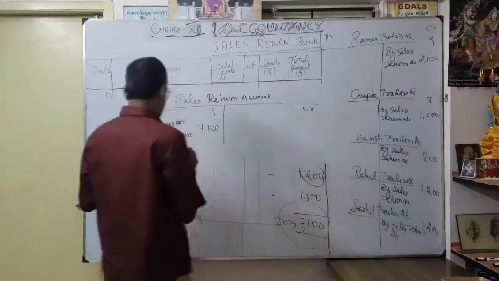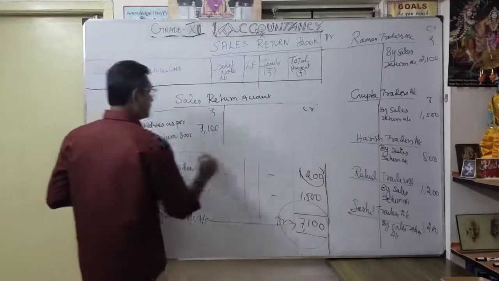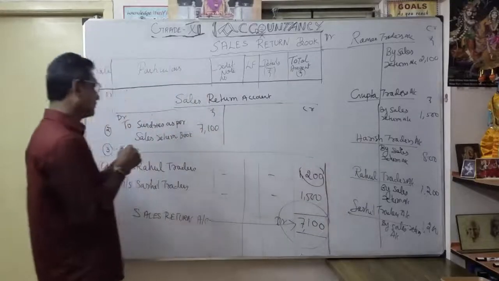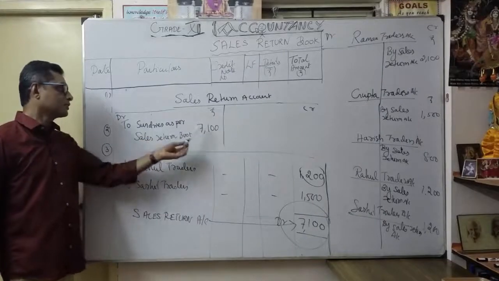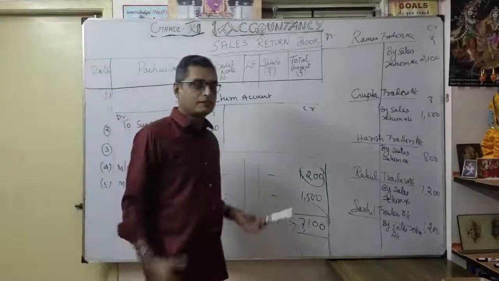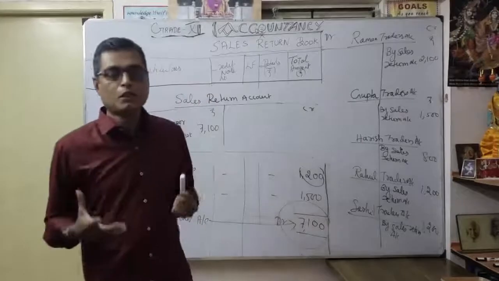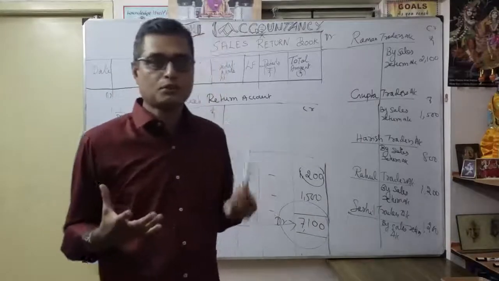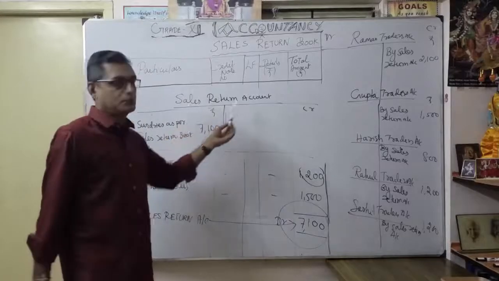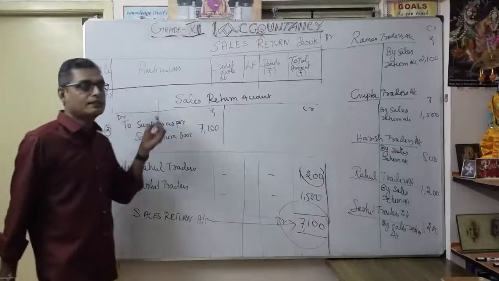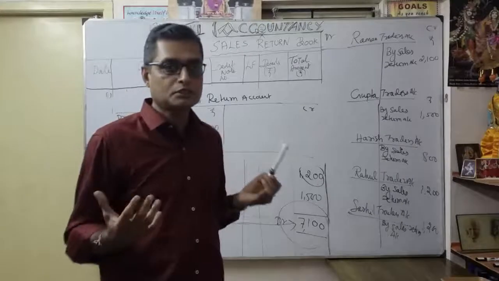Okay. Understood now? That's very important here. In the sales return account, to sundries as per sales return book 7,100. So you have taken the total of the sales return book, 7,100, and transferred it to the sales return account, on the debit side. Why is it the debit side? We received the goods, so what comes in?